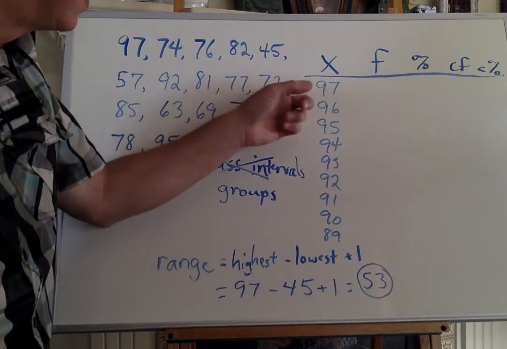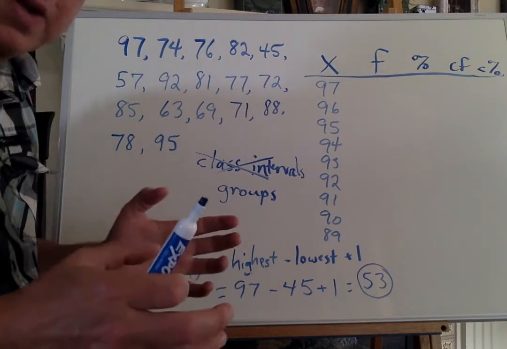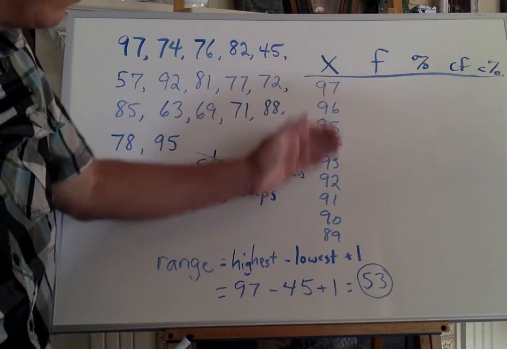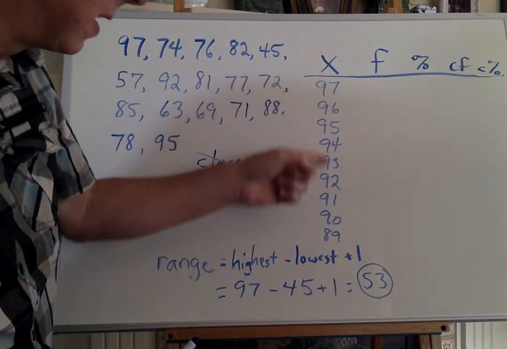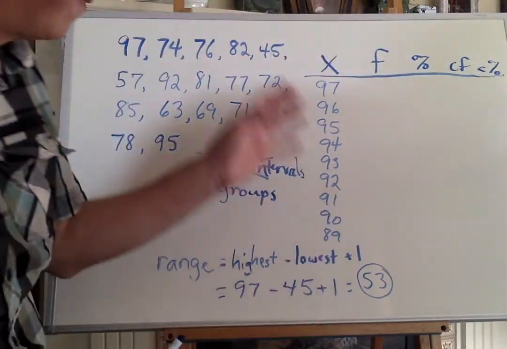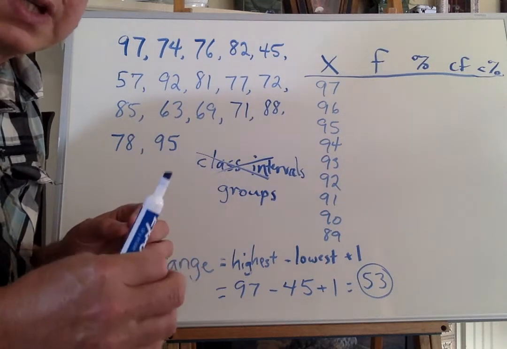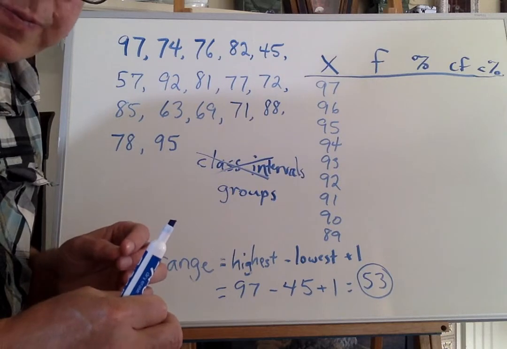Instead of listing them as just single entries, I'm going to put scores together as groups so that our frequency distribution table is more manageable. It's not going to go from 96 all the way down to 45. We're going to put these numbers into groups, and we'll see that that makes things much more manageable.